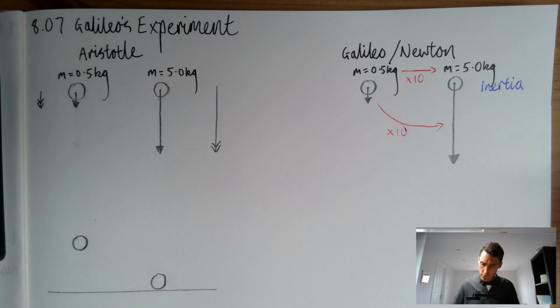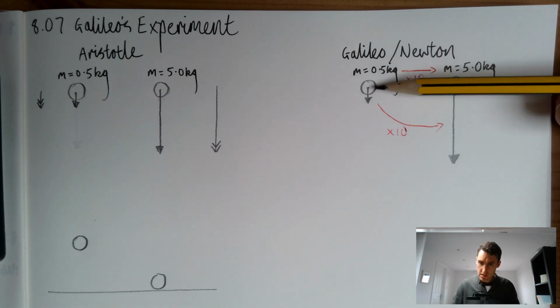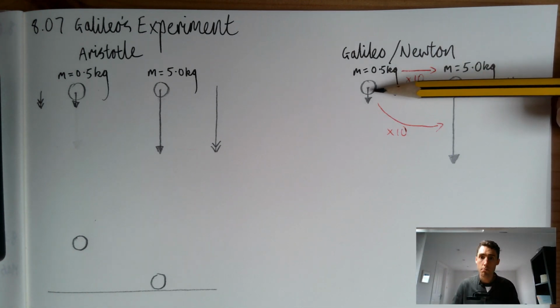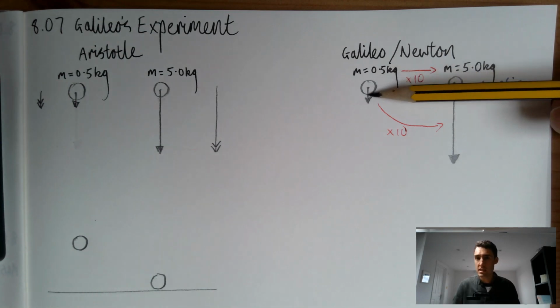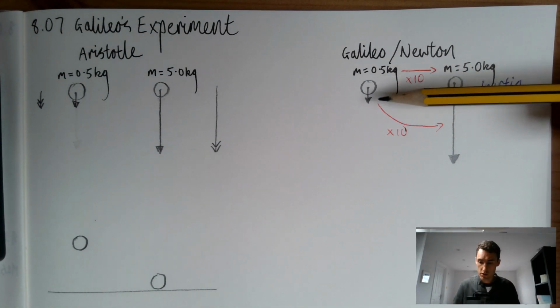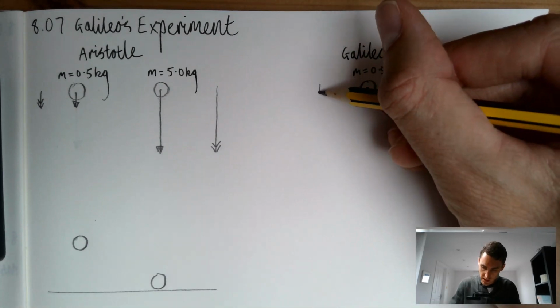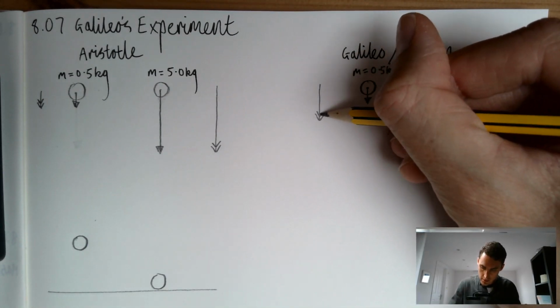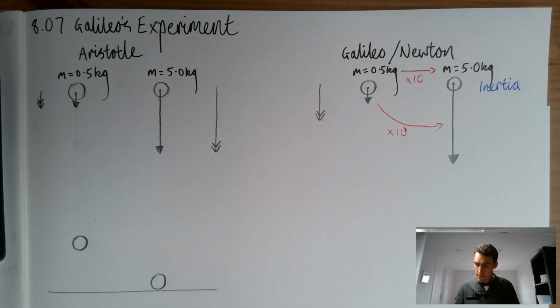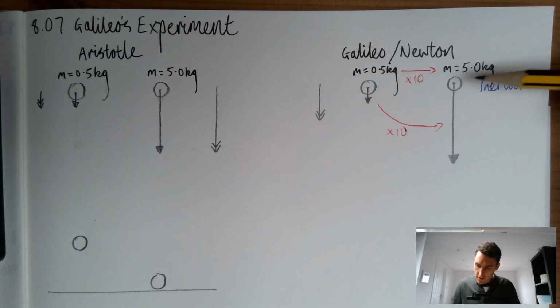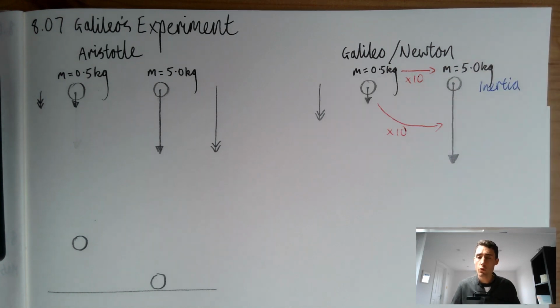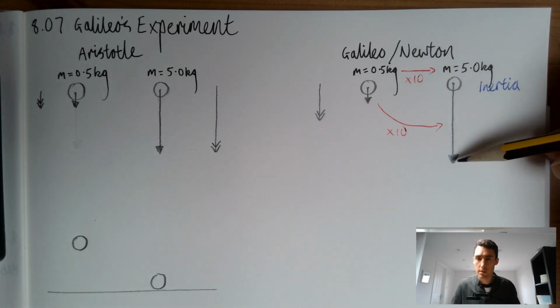Galileo argued, well, look, if this has a 10 times smaller mass, then it only needs a 10 times smaller force to get it moving. So this is going to accelerate, let's say, at that. Now let's look at this one. This has a 10 times greater mass, so in order to get it accelerating at the same rate as this one, it's going to need a force that's also 10 times greater.